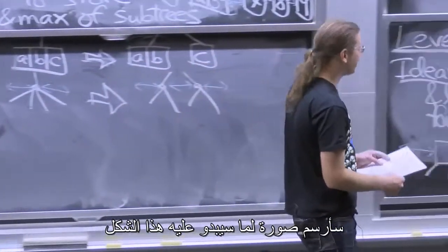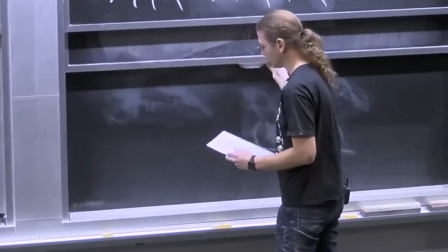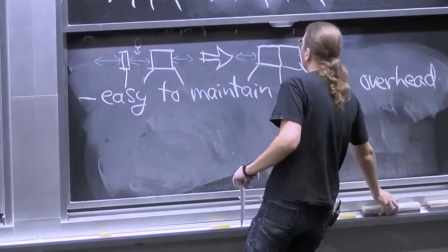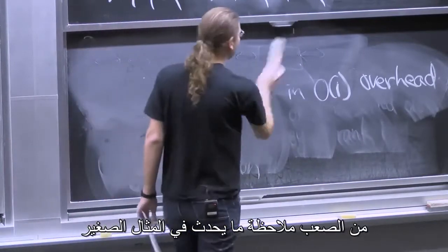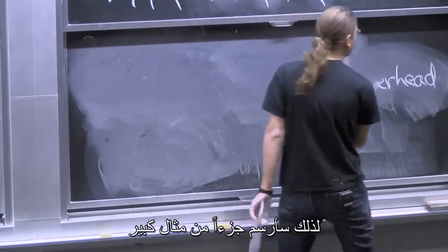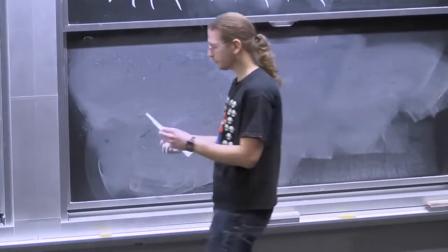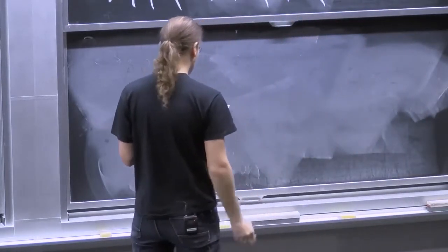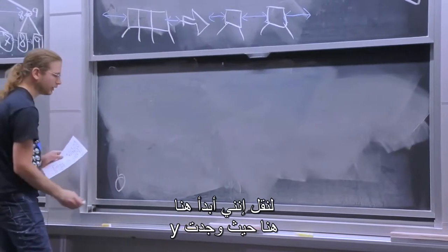Let me draw a picture of what this thing looks like generically. On small examples, it's hard to see what's going on, so I'm going to draw a piece of a large example. Let's say we start here.